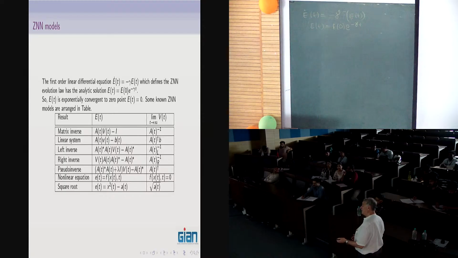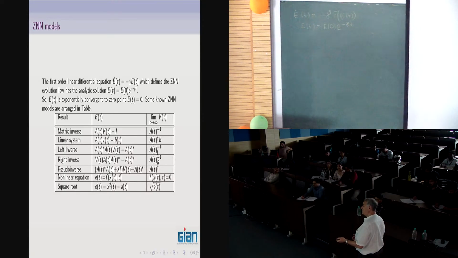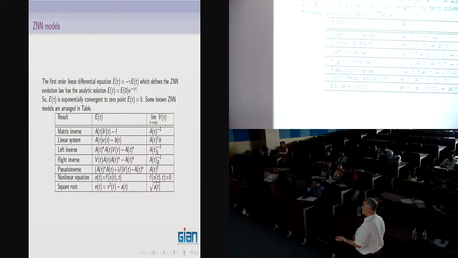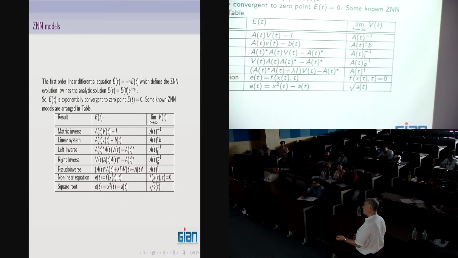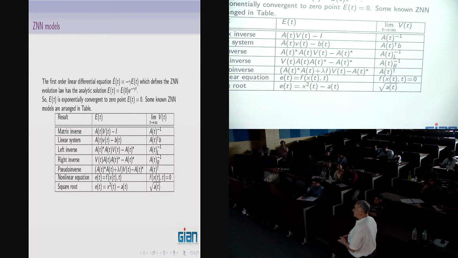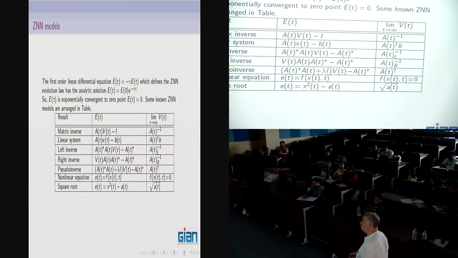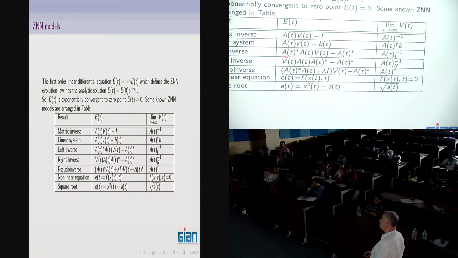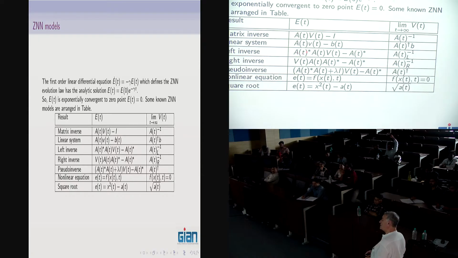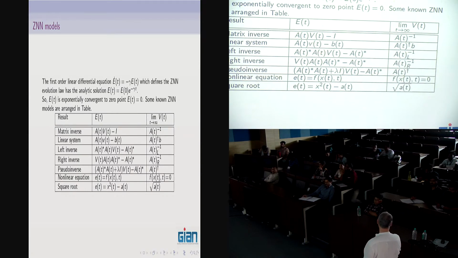Here is the error function which gives the solution of solving a linear system. Here is an assumption that A star A is invertible.